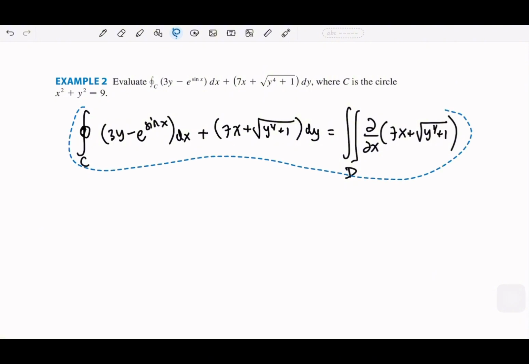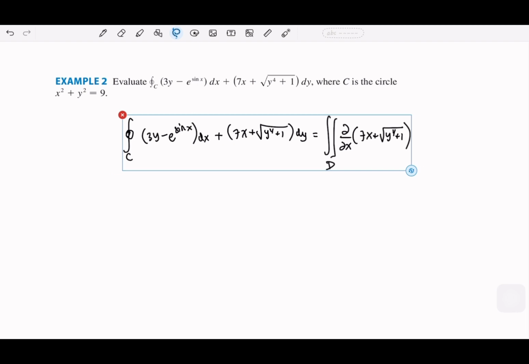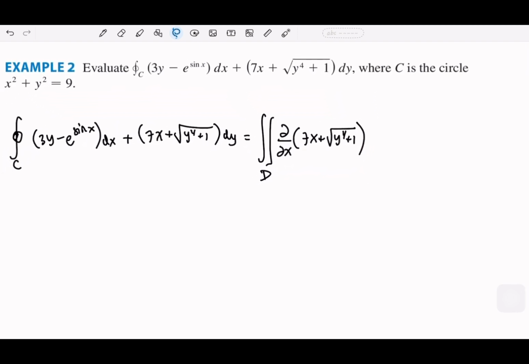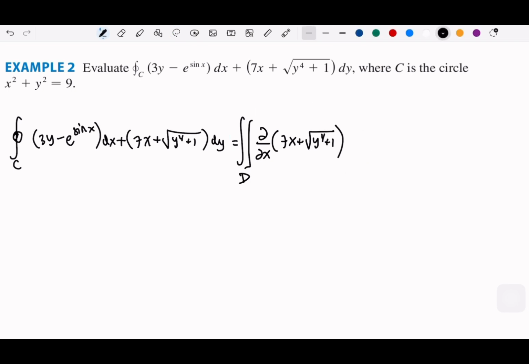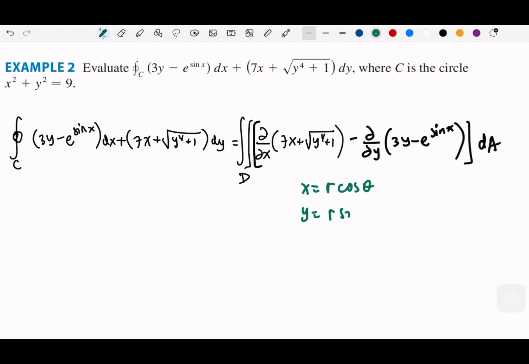I will make it smaller. Change to polar: x is r cosine theta, y is r sine theta.